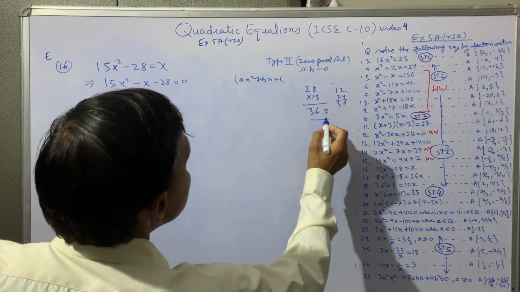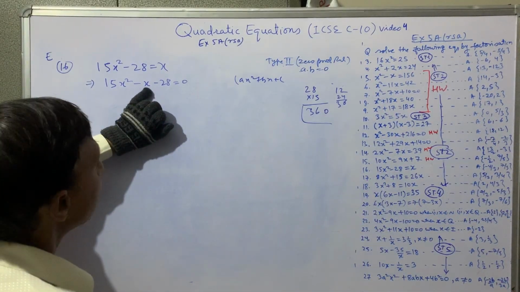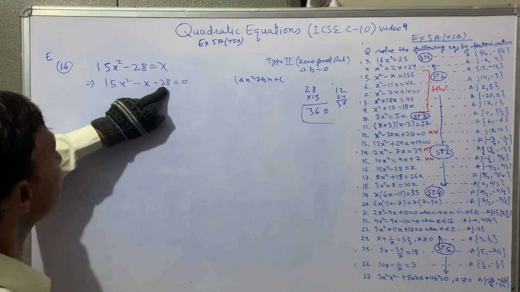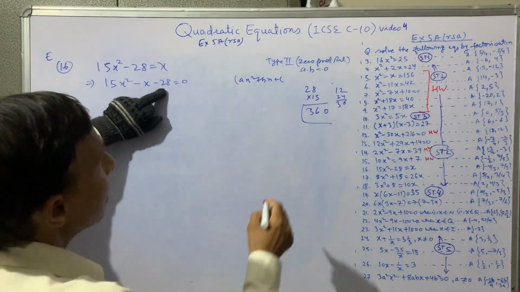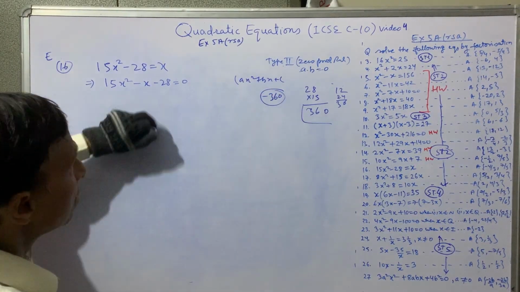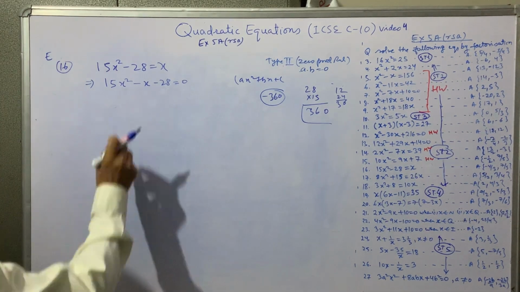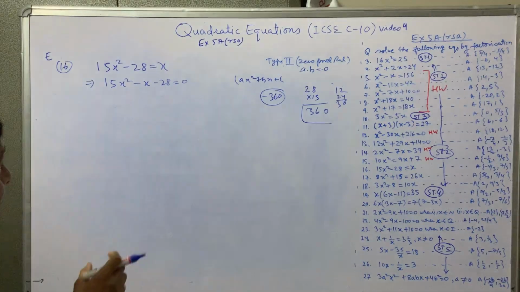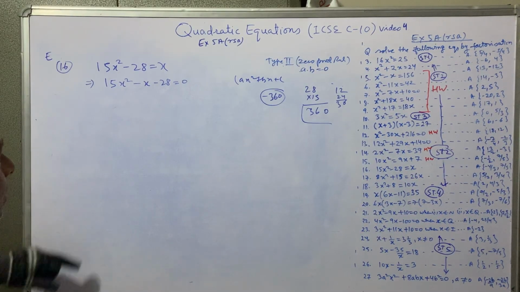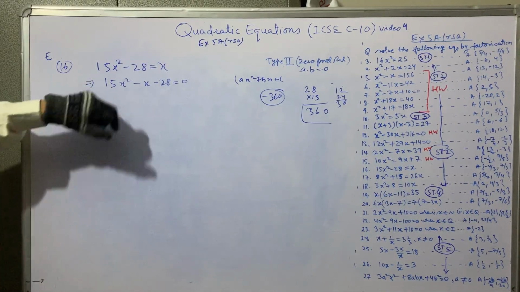We are factorizing 360 in such a way to get 1, which is the constant. Because the product is minus 360, the factorization should be in a subtraction form. The factors whatever we take, we should subtract them to get this x.